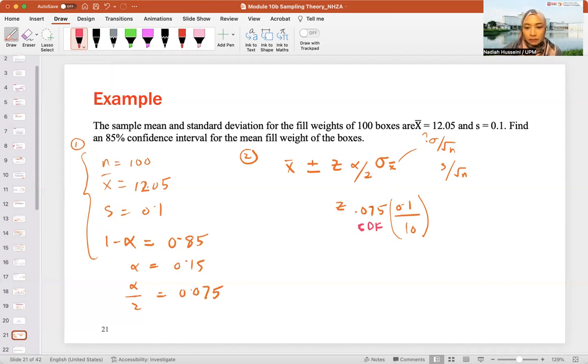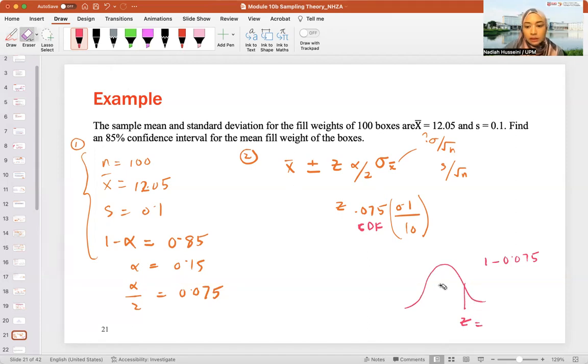So if we are talking about positive 0.075, it means that I need to know 1 minus 0.075 to know what the Z is, right? 1 minus 0.075 would give me the probability for the region on the other side.